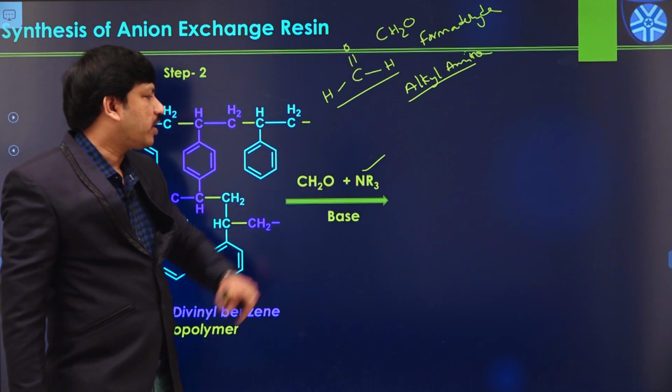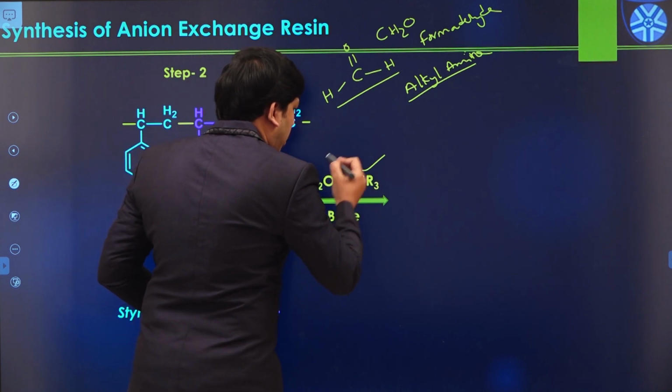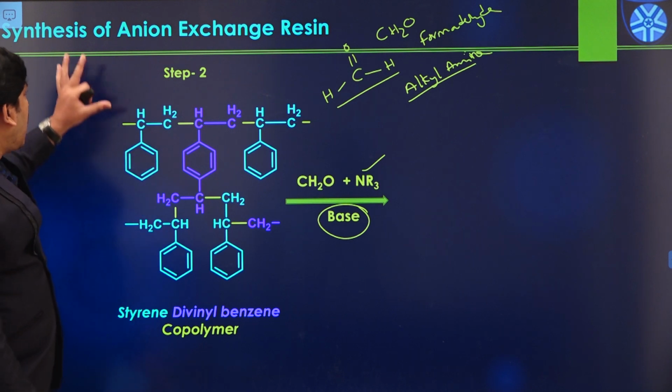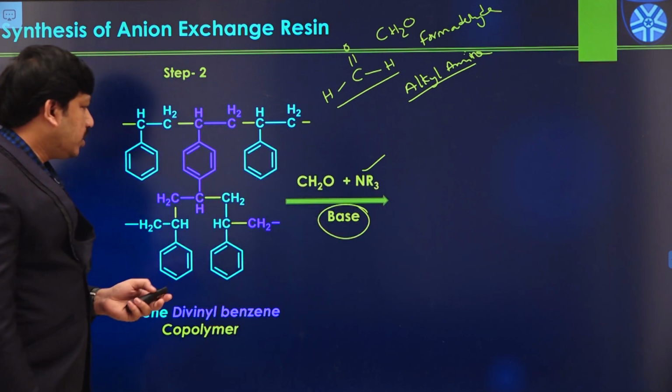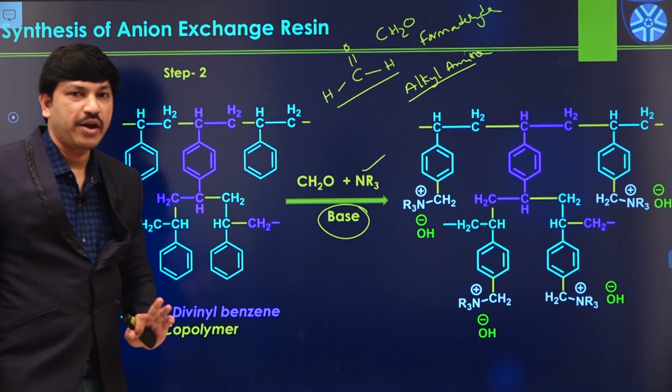In this case I am using a trialkyl amine. The combination of formaldehyde and trialkyl amine in the presence of base can generate the corresponding anion exchange resin. So this is the corresponding anion exchange resin.